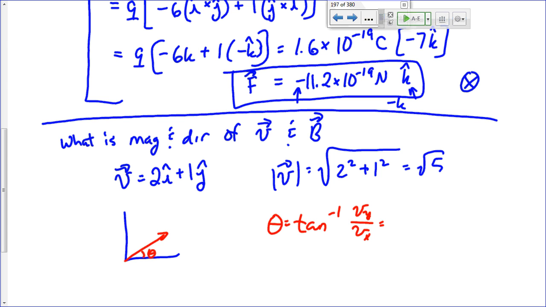You'll see on some of the old tests that there are these vector type problems that we've done before, and you should be fairly well versed in them, but just make sure that you're up to date on them. And so that would be, in this case, the inverse tan of 1/2.